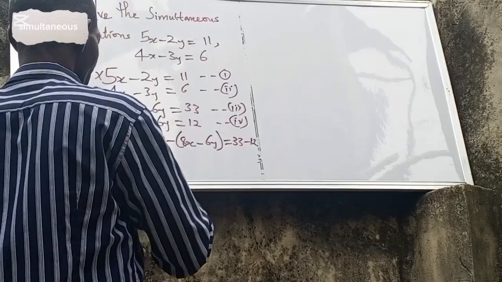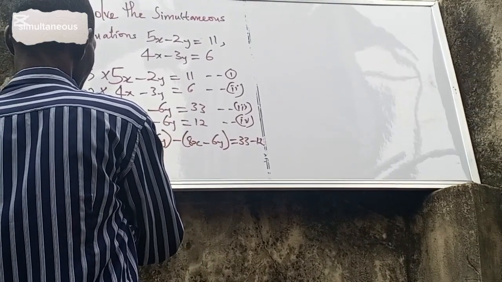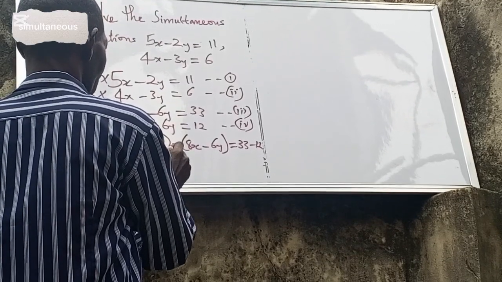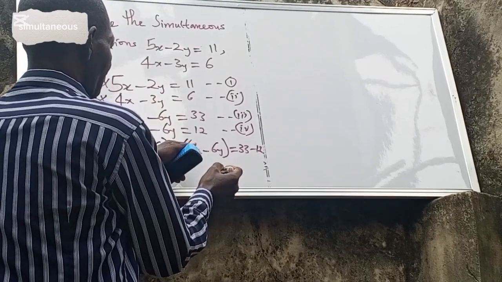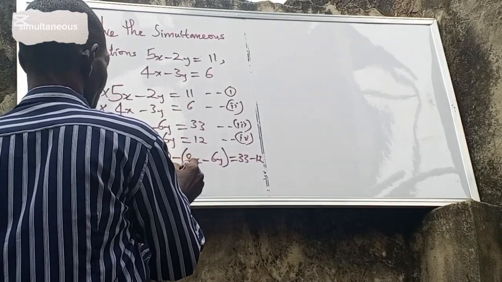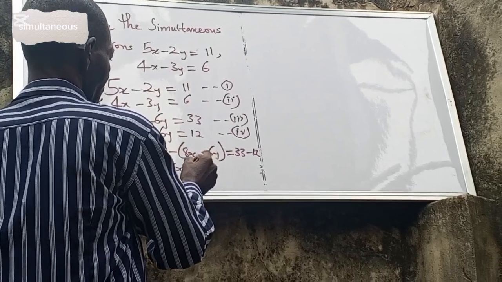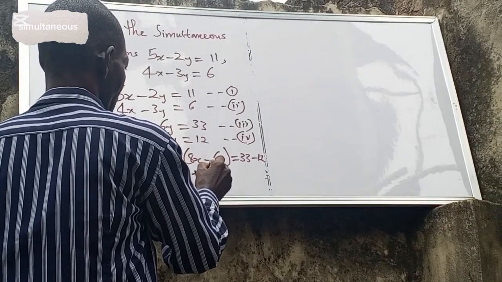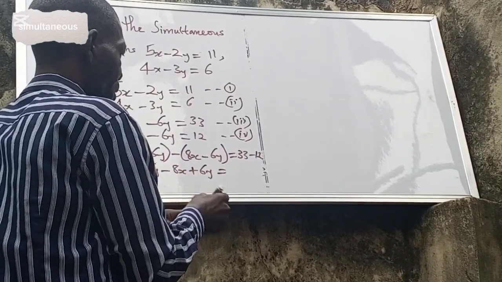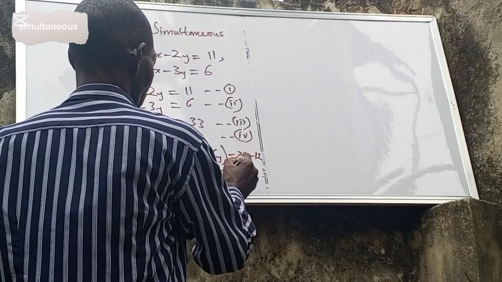In order to do that, we open the bracket: 15x minus 6y, then minus times 8x is minus 8x, and minus times minus 6y is plus 6y, is equal to 33 minus 12. 33 minus 12 will give us 21.